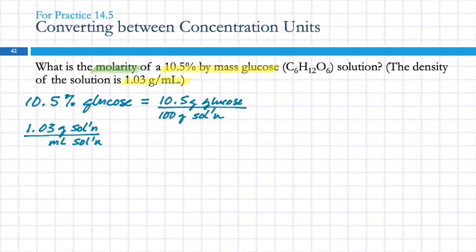Is this the solution we're talking about? Is it solute? Or is it just the solvent? So there we have our given information, and they're asking for the molarity. So molarity here, capital M, molarity is moles per liter, right? Moles of what? Per liter of what? Moles of glucose per liter of solution.